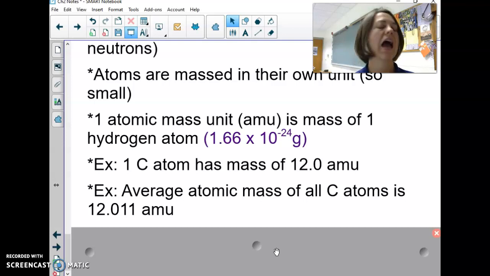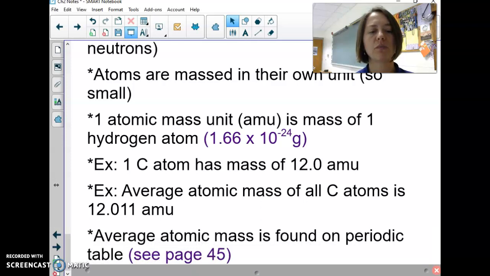So we have to take the average atomic mass of all the carbon atoms in the world, and that is 12.011 AMU. So almost all of them are carbon 12, but there's a couple of carbon 13 and a couple of carbon 14 in there. So the average atomic mass is 12.011 AMU. And the average atomic mass for all of the elements is found on the periodic table.